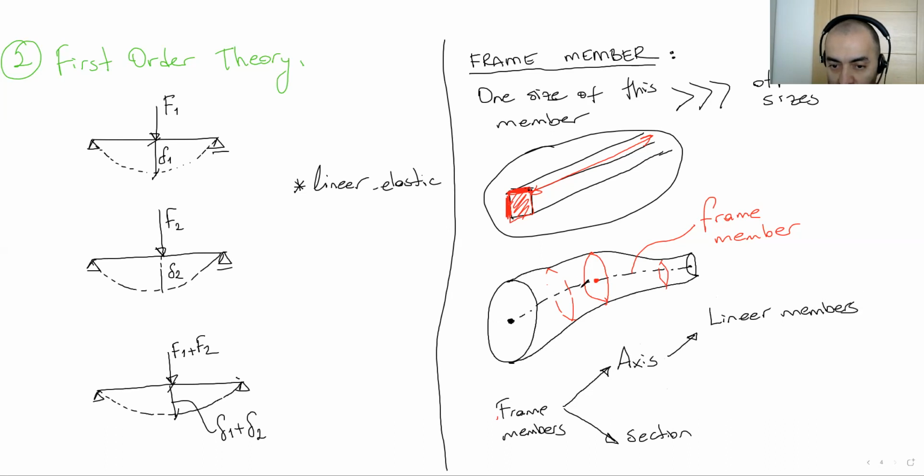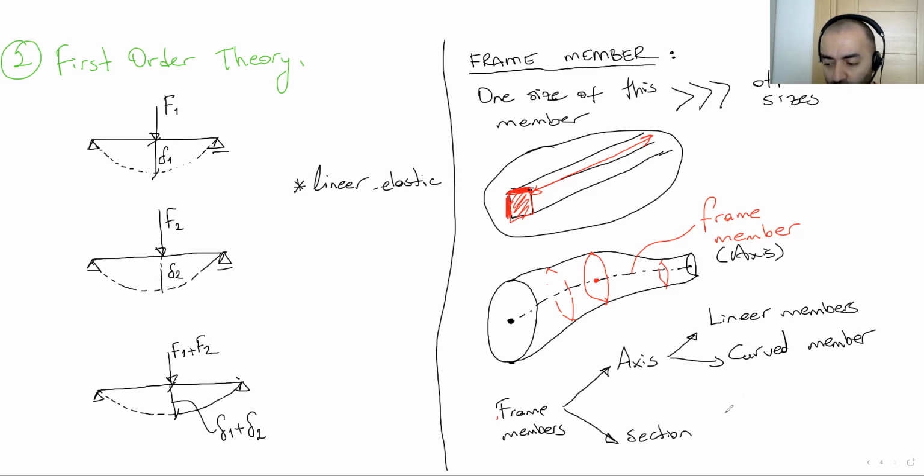If this axis line is linear, we call these type of members linear. If it's not a linear member, it's curved. So we have curved member. In this course, we are not gonna talk about the curved members. We will deal with always linear members.